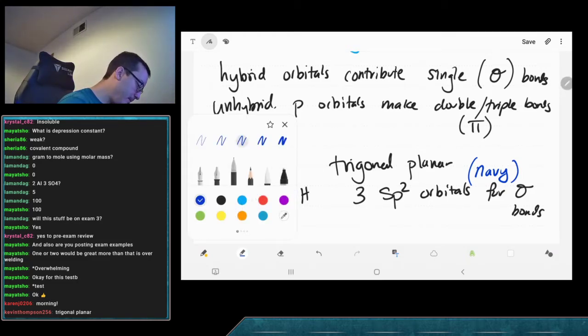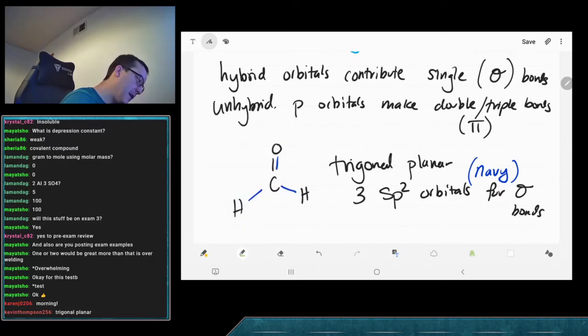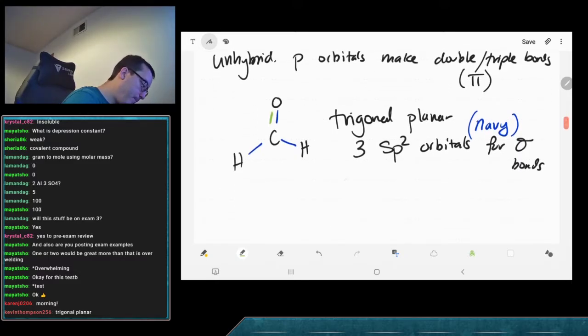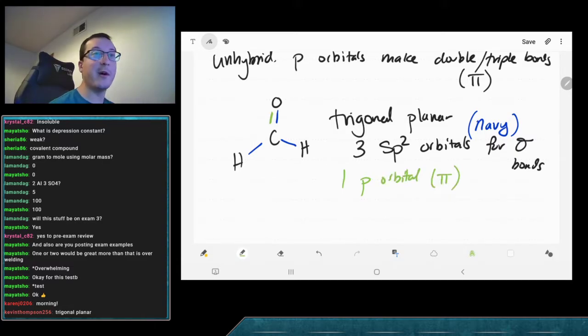So this one in green is going to be our pi orbital here for the double bond. So we're still going to have 4 orbitals, just like we would always have. We have 3 of them that are hybridized, and we have 1 that is unhybridized.